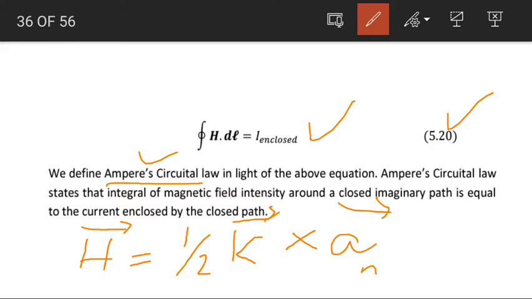If you divide the total current of the sheet by the width of the sheet, you will get K.